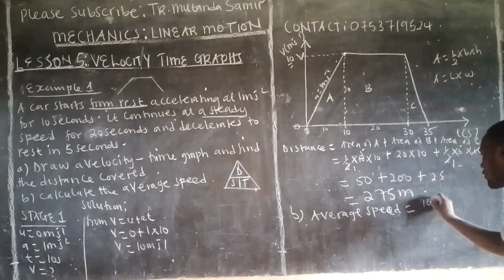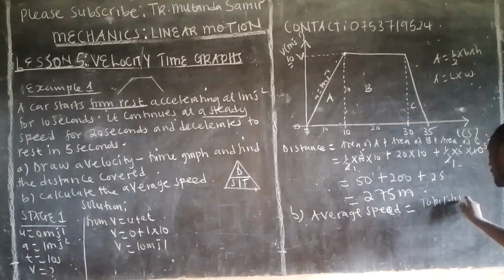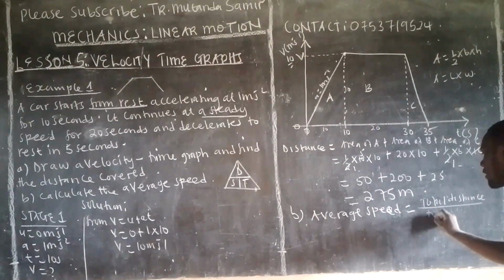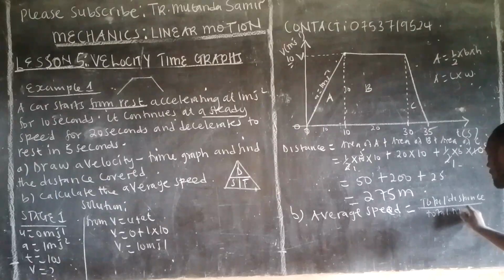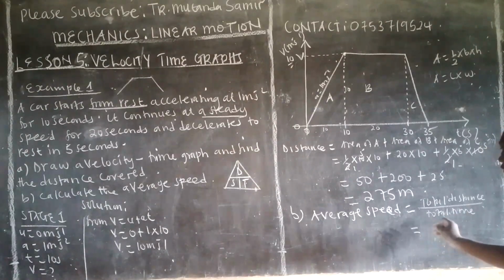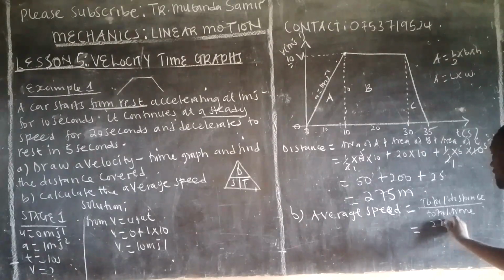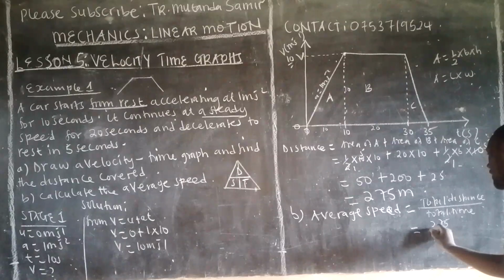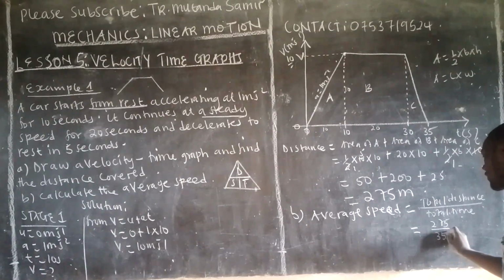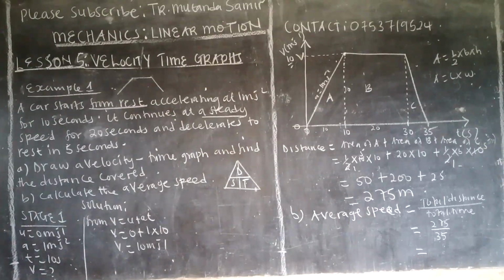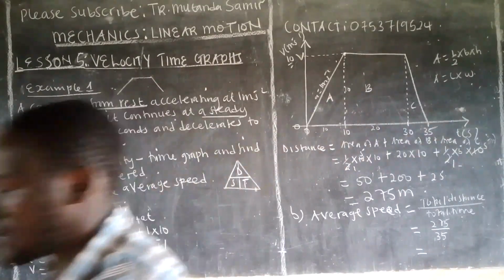So total distance over total time. And that will be, total distance is what? Total distance is 275. Then total time, the time they took from here up to the end, is 35 seconds. Then your average velocity will be, you divide there and give us that answer.